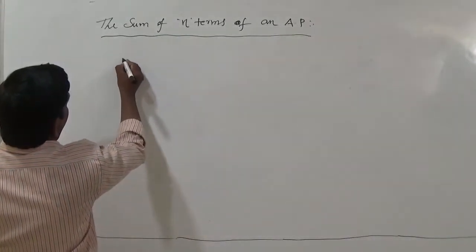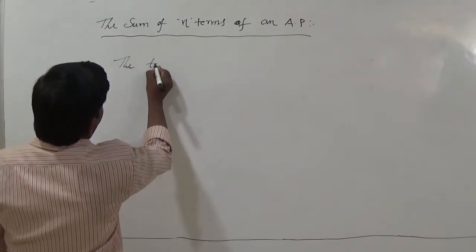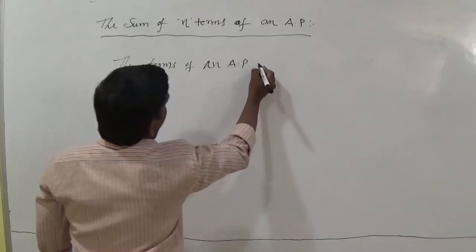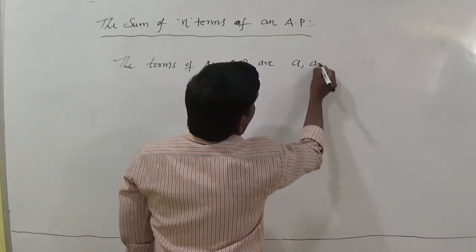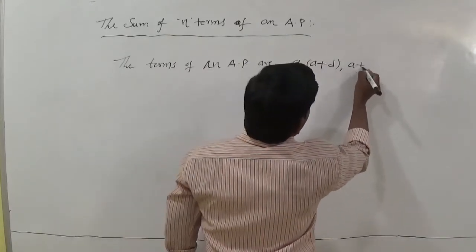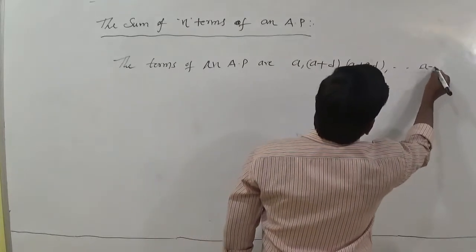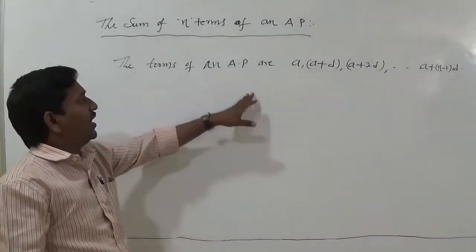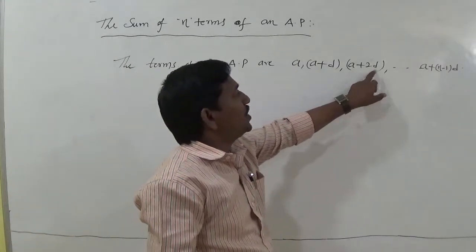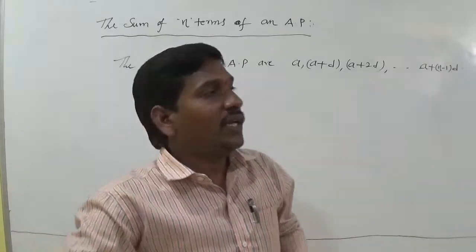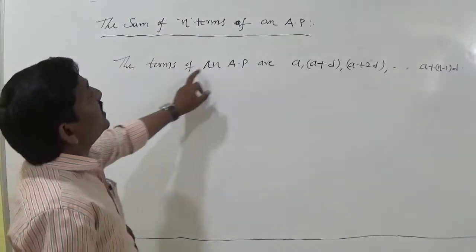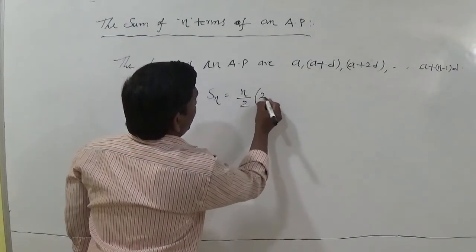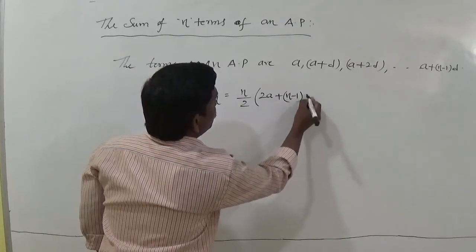If the terms of an AP are a, a plus d, a plus 2d, and so on, a plus (n minus 1) into d, then to find the sum of n terms of the AP, we have Sn equal to n by 2 into (2a plus (n minus 1) into d).